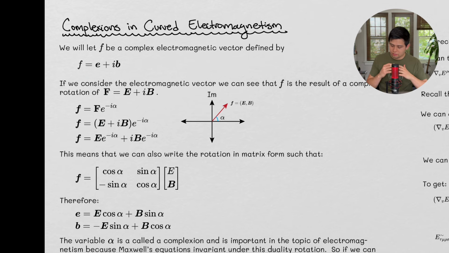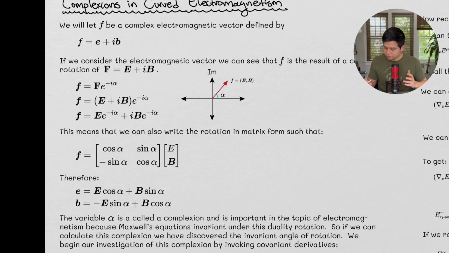So now we're going to consider the electromagnetic vector, and we can see that F is a result of a complex rotation of big F. Big F is going to be big E, which is the electric part of the electromagnetic vector, and B likewise is the magnetic part. Okay, we've gone over this a little bit already.